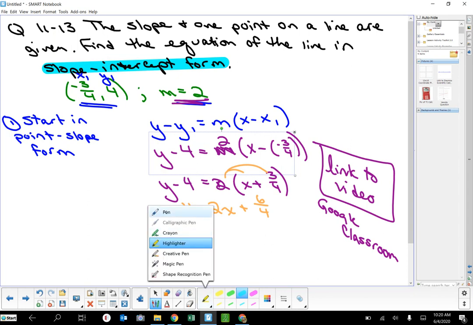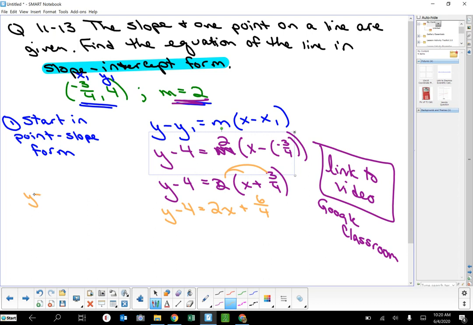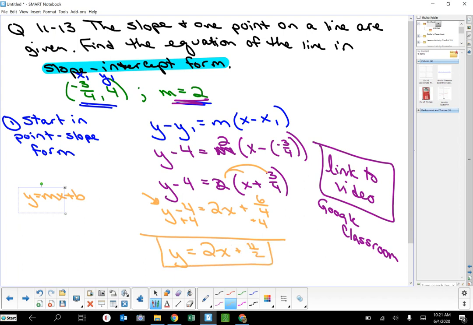So that means I need this thing in y equals mx plus b form. So I need the y all by itself. So the 4's got to go. So I'm going to add the 4 to both sides. Again, use your calculator. This ends up being 11/2. And that is the slope-intercept form of that line.